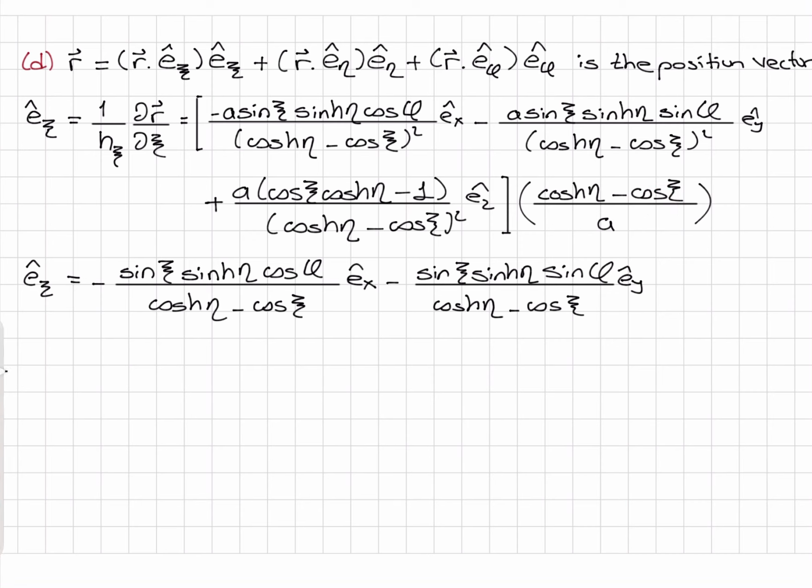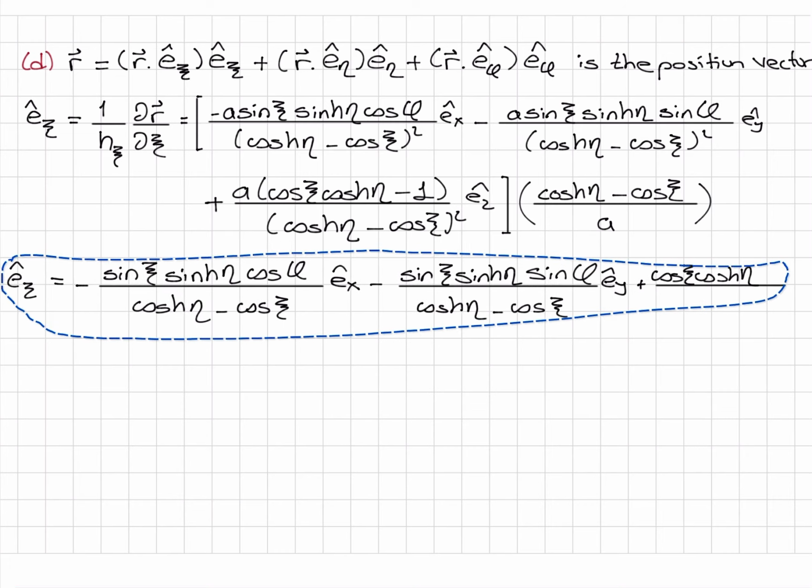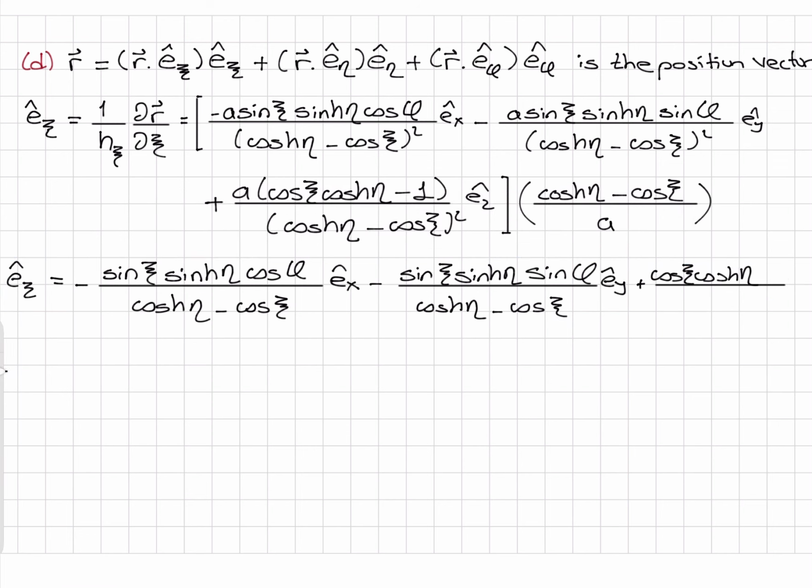So we will have plus cosine psi cosine hyperbolic eta minus 1 divided by cosine hyperbolic eta minus cosine psi in ez hat direction. So we have found e psi hat.